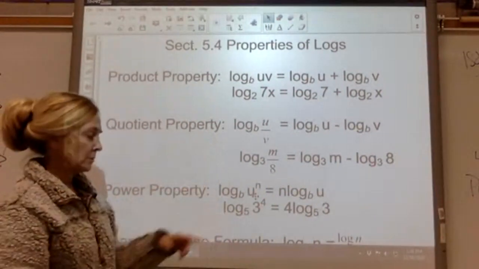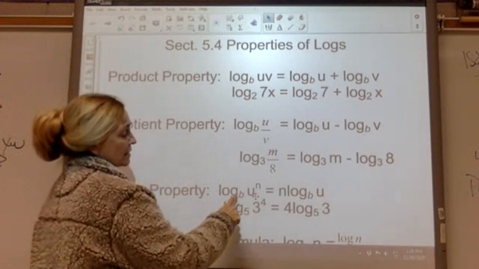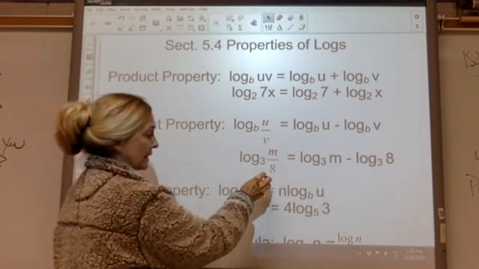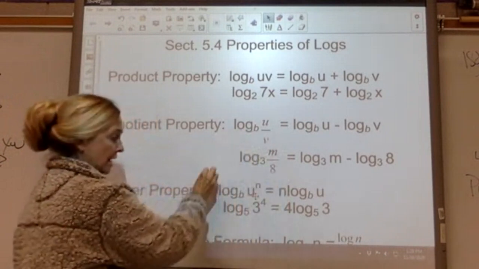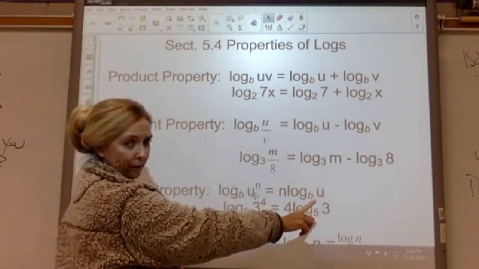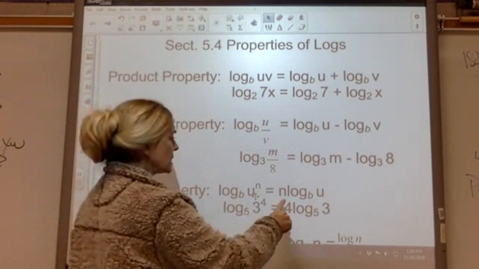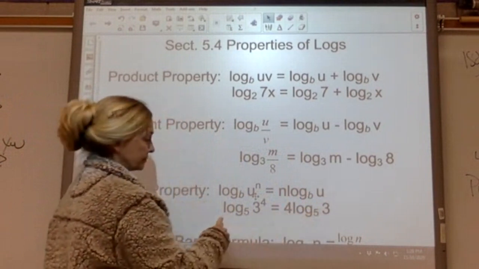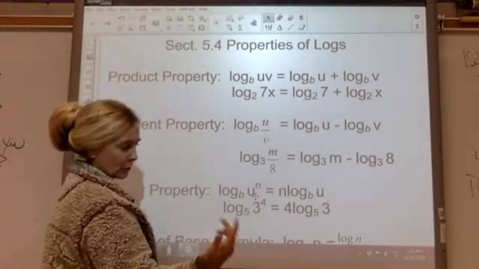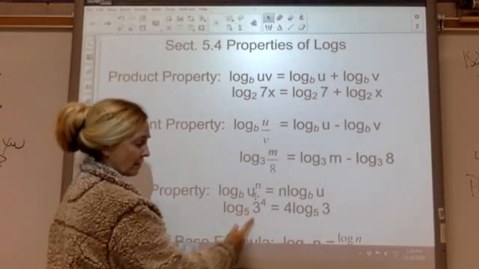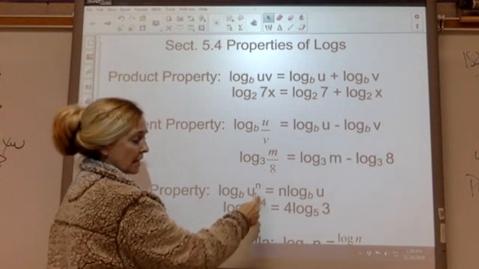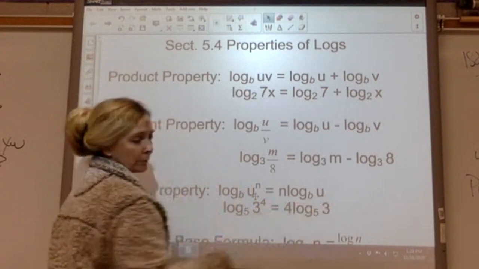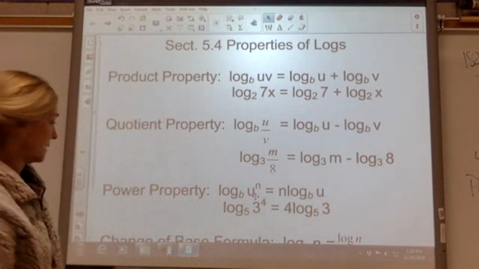So with logarithms, if you have log base b of u to the n, then the exponent of n moves down to the front and gets multiplied by the logarithm. So we have n log base b of u. And so here with a numerical example, we have log base 5 of 3 to the 4th, then that exponent of 4 is going to move to the front and just be multiplied by the logarithm, okay?